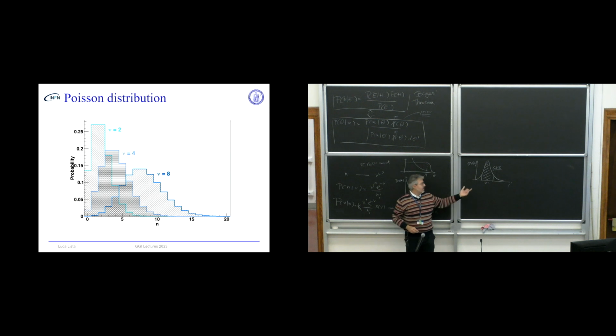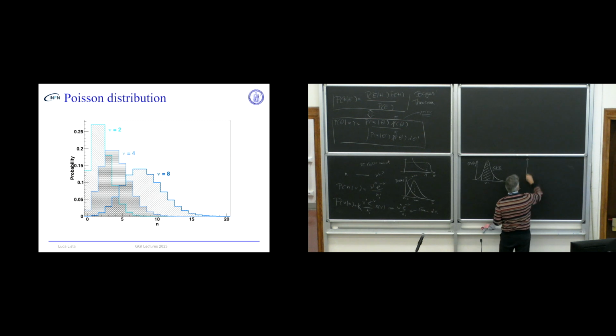So how can we set this interval? Again, there are different possible intervals, all having 68%. So I can have extreme cases where I say that this is 68%. In this case, I have an interval which is from 0 to an upper limit.